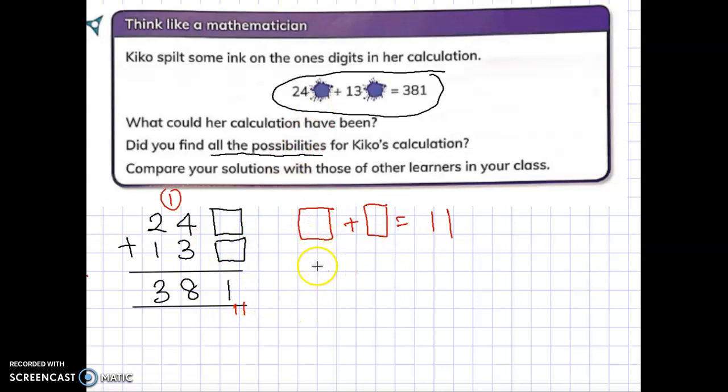So let's find out. Let's start with the largest number. 11 plus 0 equals 11. This looks okay. Let's try putting it in here. 11 plus 0. But can I put 11 in the ones place? Can I put 2 digits in the ones place? I can't do that. So 11 is wrong.